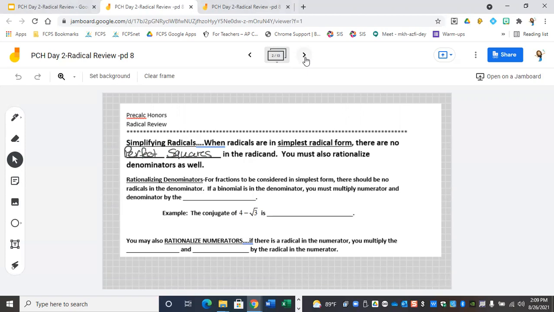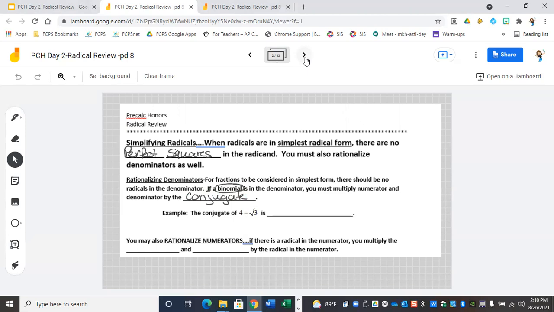If you have a binomial, which is two terms separated by a plus or minus, then the only way you can rationalize that denominator is to multiply the numerator and denominator by the conjugate. This was introduced to you last year in Algebra 2 in the virtual format, which is why I want to address it. Does the word conjugate sound familiar?